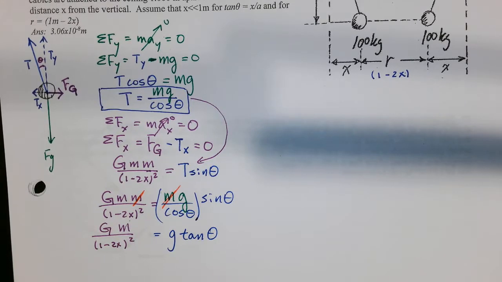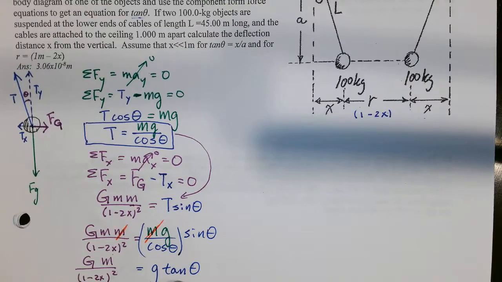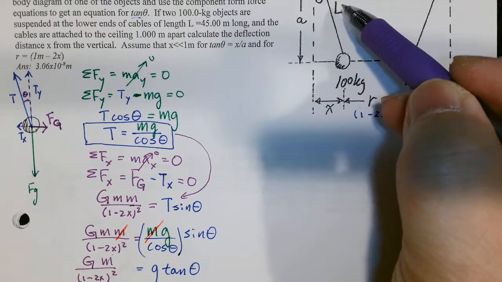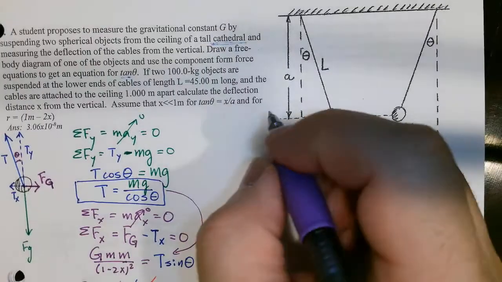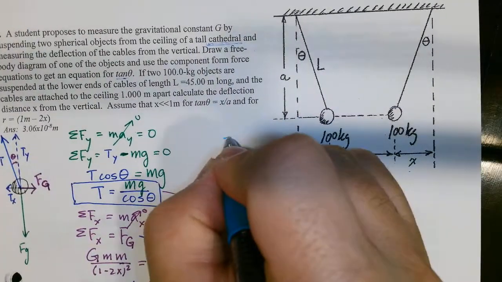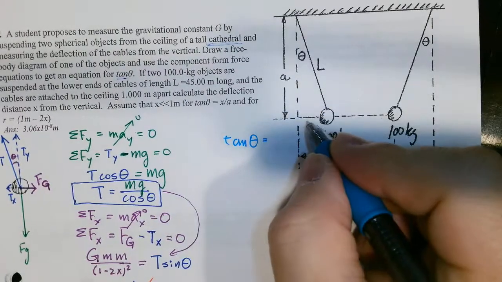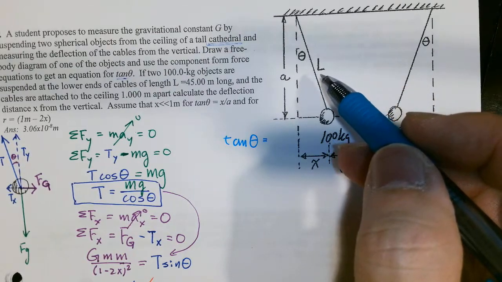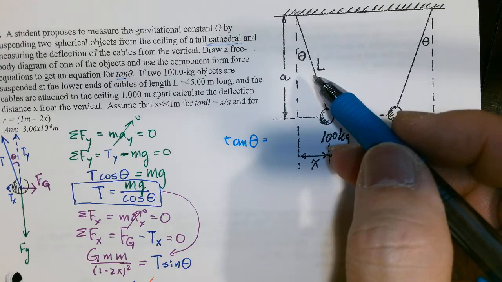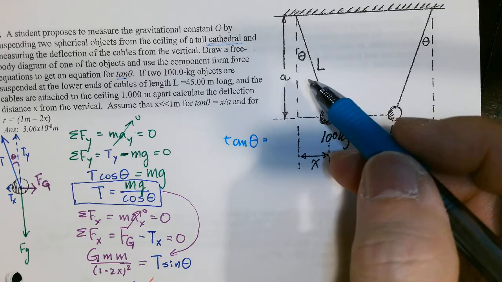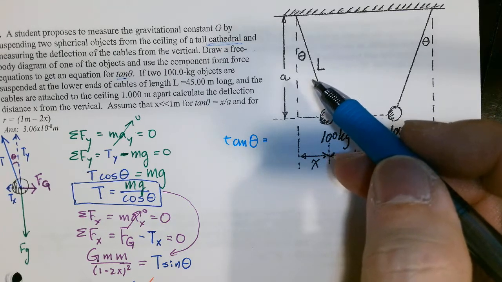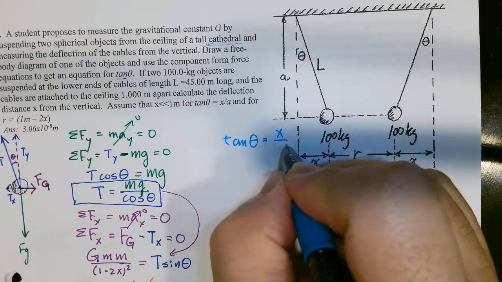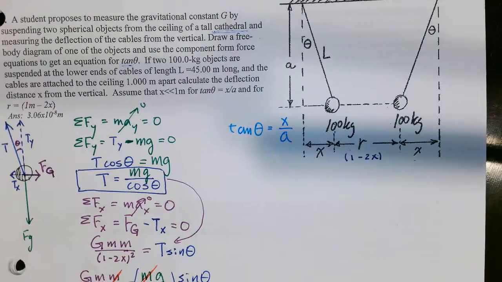Well, tan theta is actually x over L. If you were to think about it, tan theta is equal to opposite over, actually, no, hold on. X over a, right? X over a.